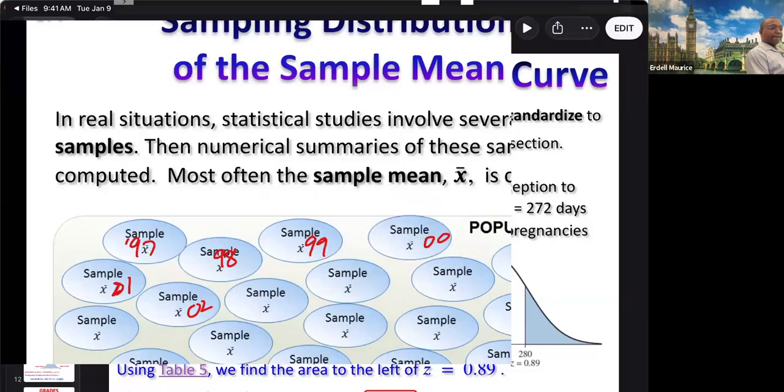Questions there? It turns out that when you do a sampling distribution, certain things fall out to be true.